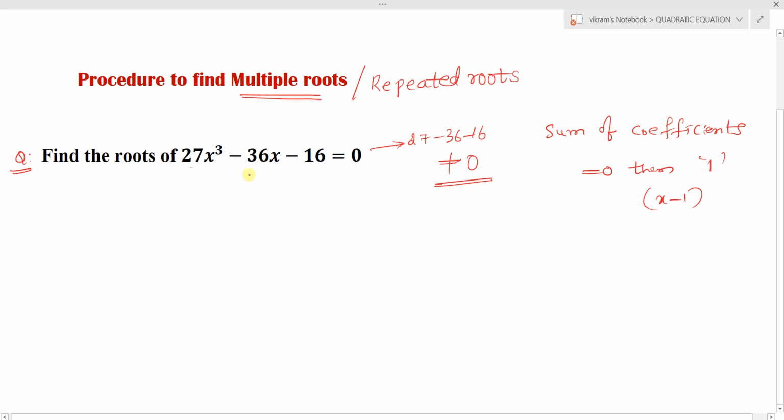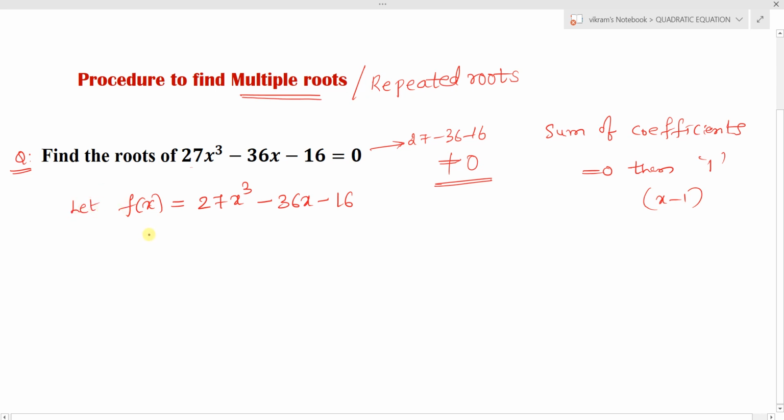For these types of questions, if the sum of the coefficients is not 0, then we have to follow a procedure to find the multiple roots. Consider the given polynomial, the cubic equation 27x cube minus 36x minus 16, as a function f of x.